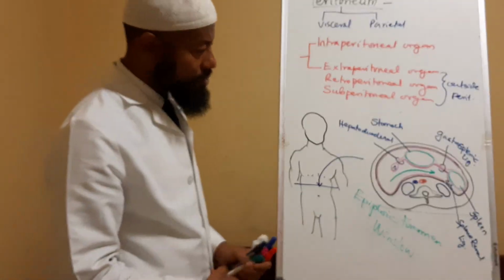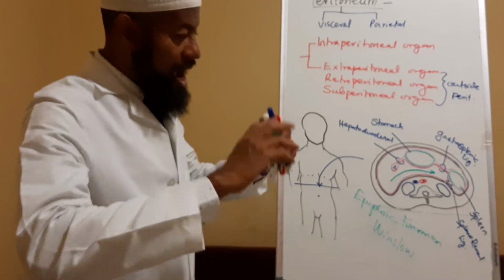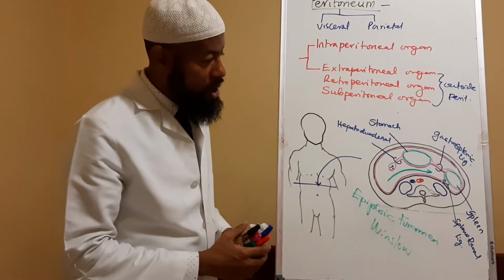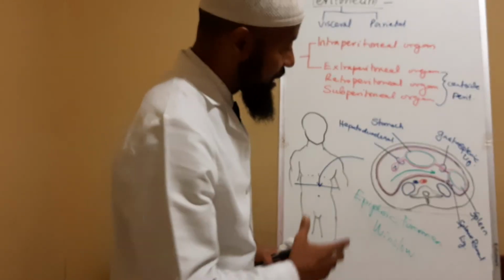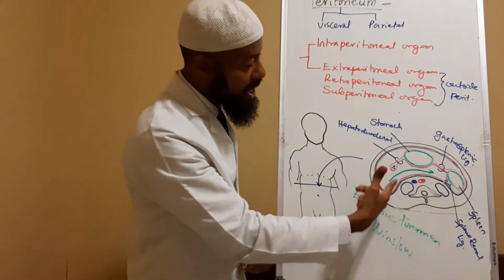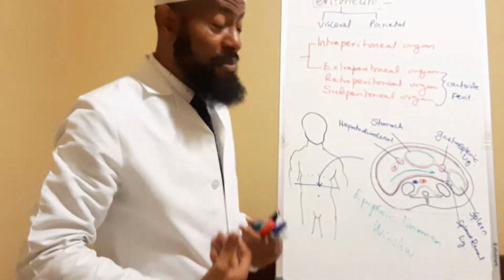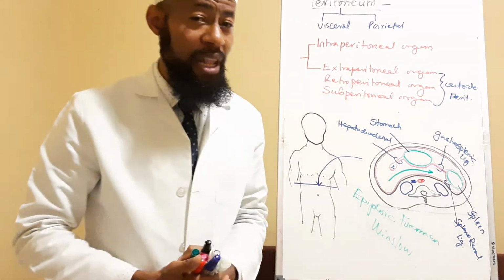All right. Now remember when we did the abdominal wall, we said that the abdominal wall has ligaments. These ligaments are important. We just made mention of some of these ligaments here, and there are ligaments that are lining the anterior abdominal wall, like the median umbilical ligament.